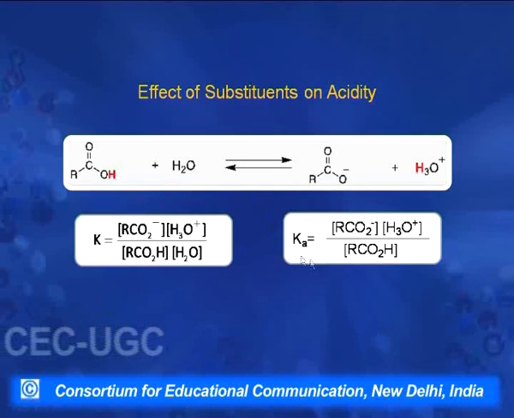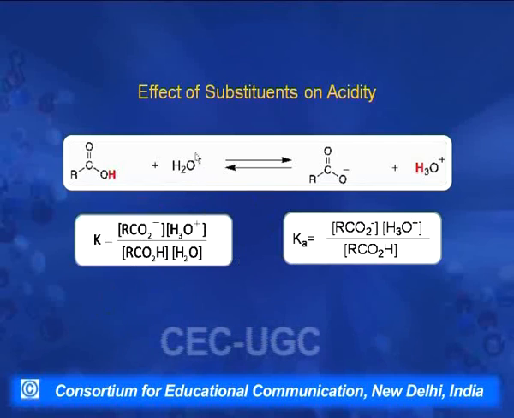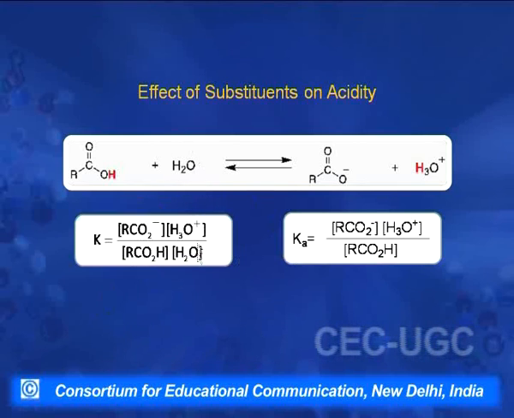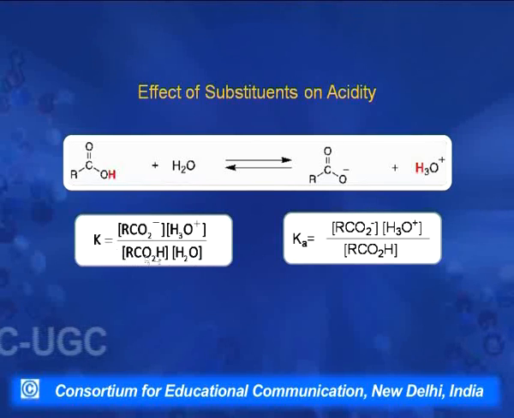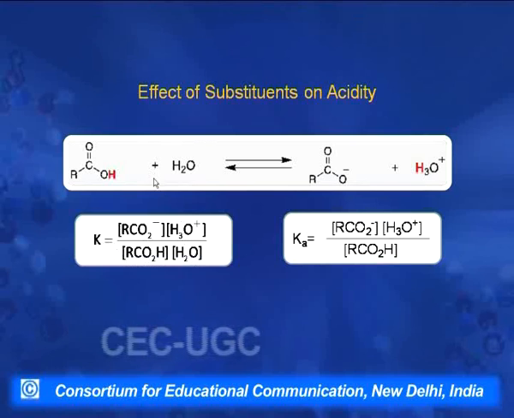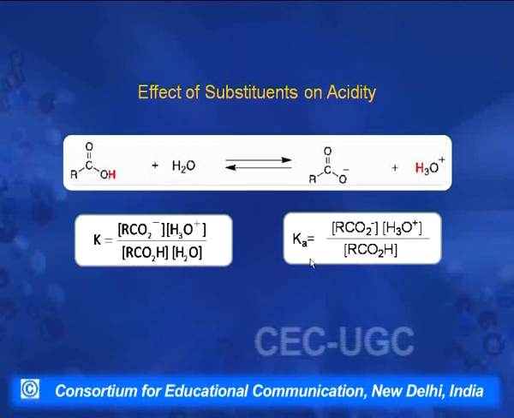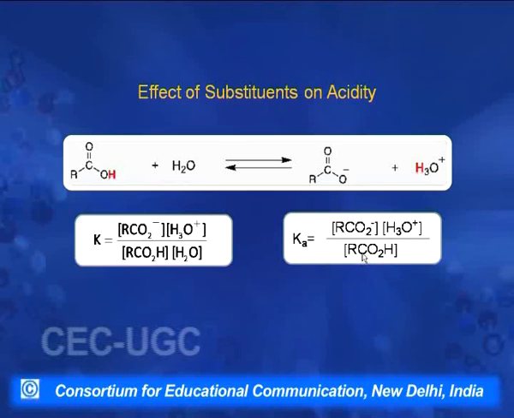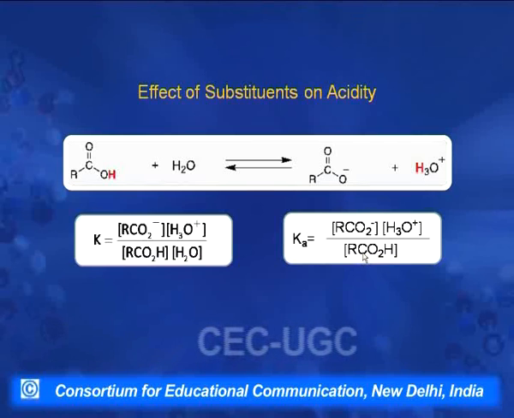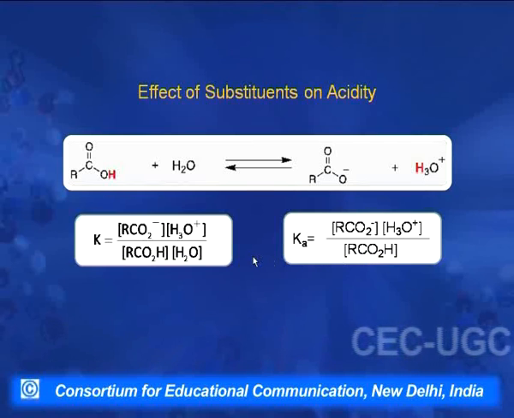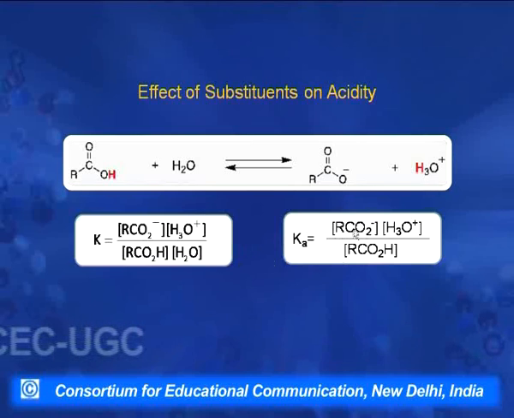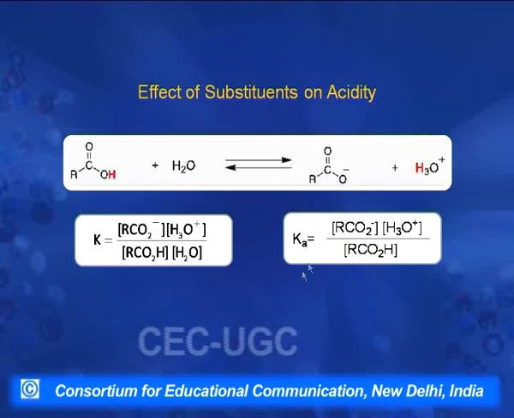This is the Ka value, where the concentration of water has been multiplied by K, or we can say the concentration remains almost constant. So this is the Ka, that is the concentration of carboxylate anion times hydronium ion divided by the concentration of undissociated carboxylic acid. It is the same thing that we have seen just a few slides back, where in place of carboxylate anion, A- was used.